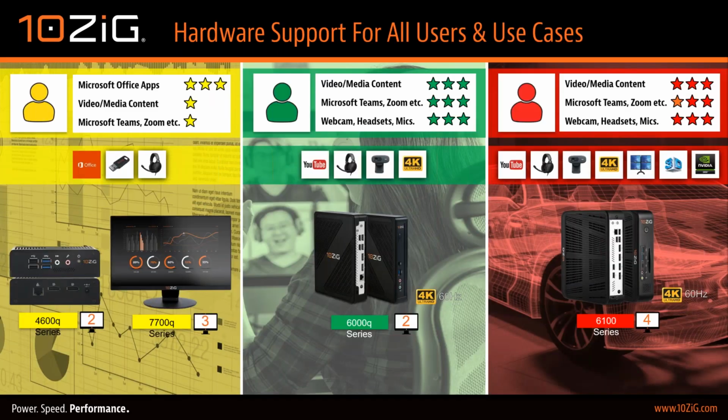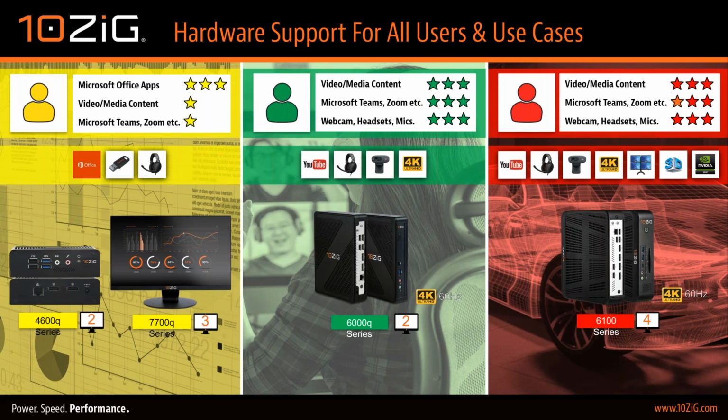Before I hand over to Christian, just a few slides about the Tenzig hardware and software stack. Our current portfolio contains devices that fall into 3 categories: Task Worker, Knowledge Worker, and Power Worker. The 4600Q and 7700Q land in the Task Worker category, typically supporting Office applications and light media and Teams call use.